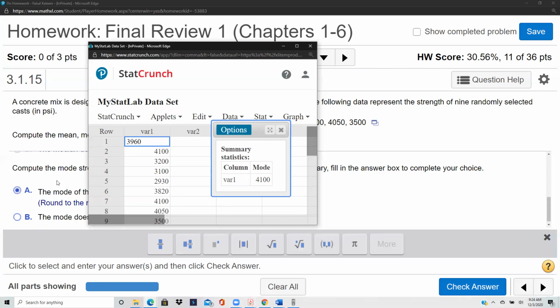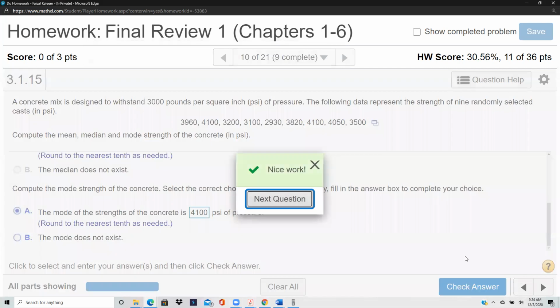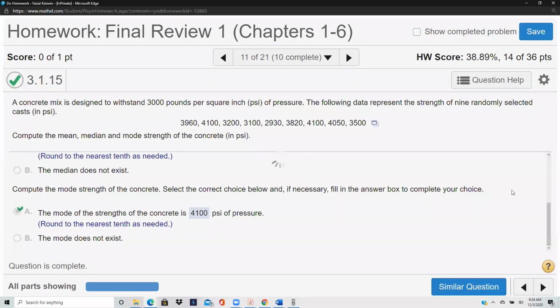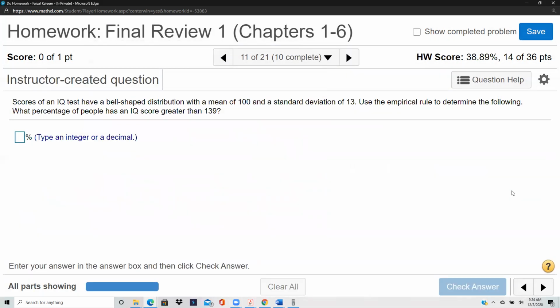All right. So, okay, your favorite thing, empirical rule. Ooh. Oops.